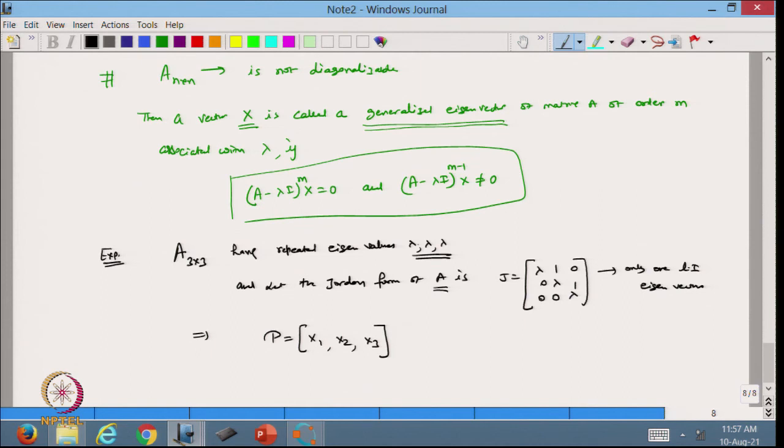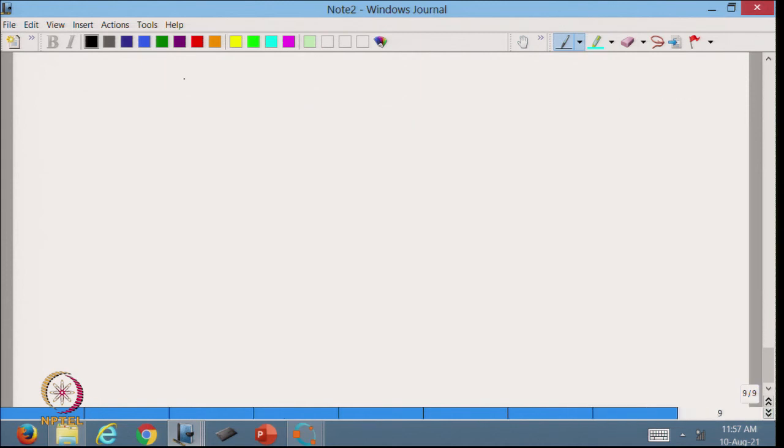Let us write it like this, and from here I get my matrix A P is equal to P J. So, I can write that this is my A and this is x1, x2, x3, all the eigenvectors written as column vectors, and this I can write as x1, x2, x3, and this J I am writing as lambda, lambda, lambda, 1 1 0.